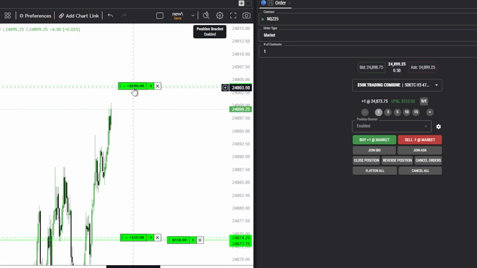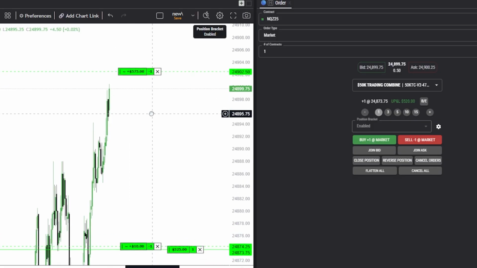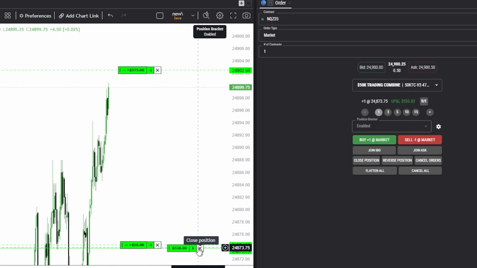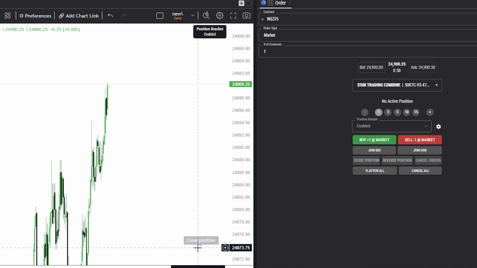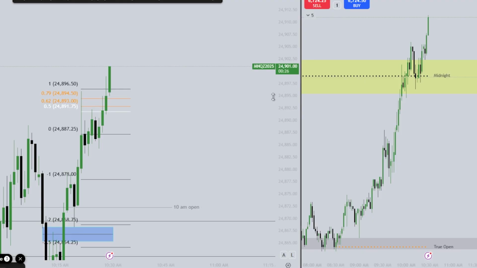Because one's MNQ and then one's NQ. Okay, well, I'm gonna take the one that tops out, close right there, and then see TP being hit.